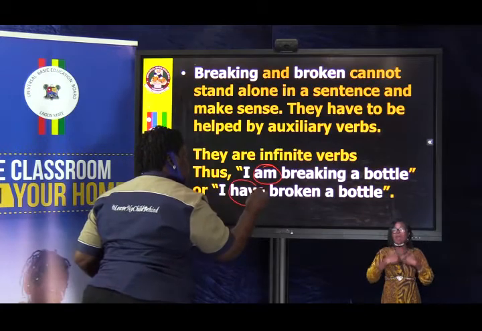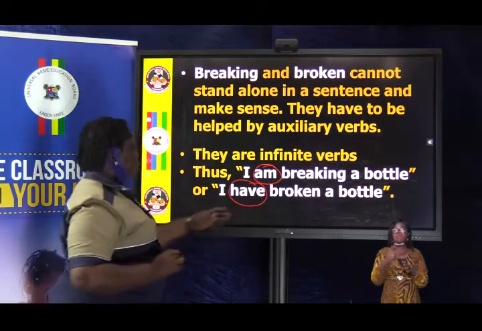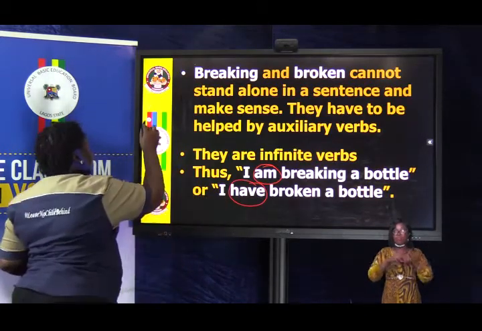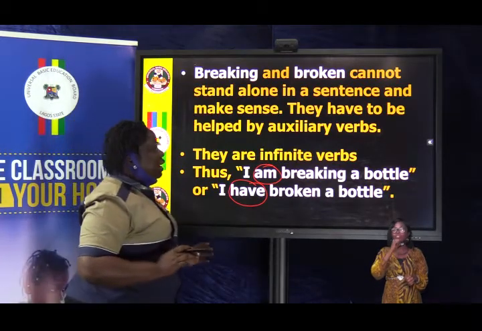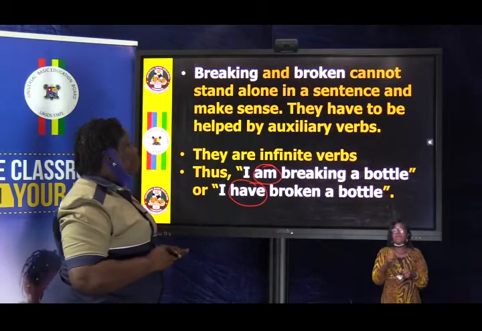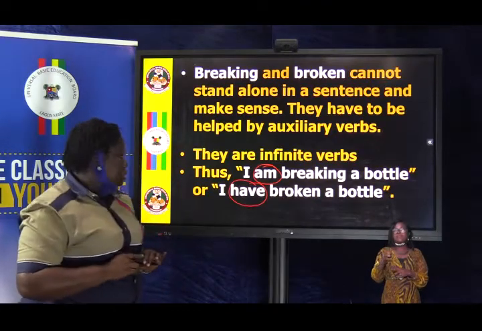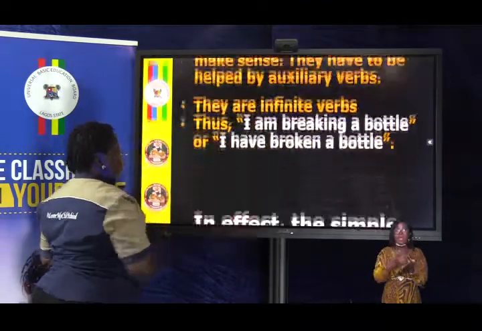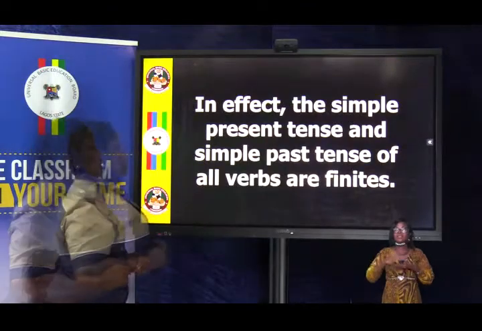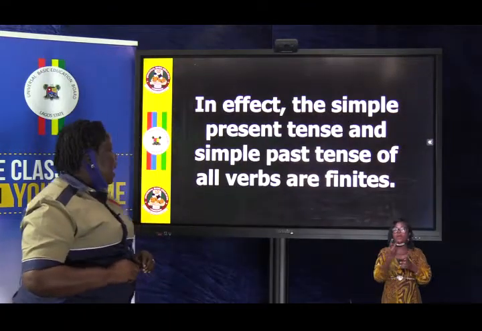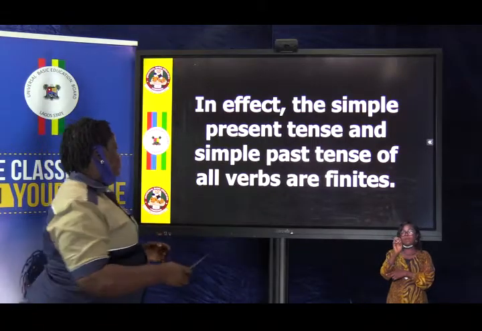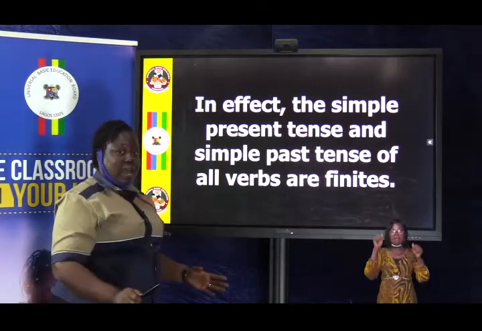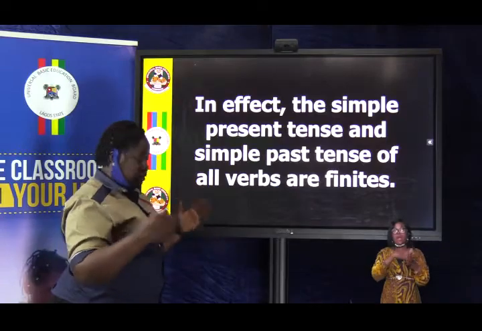We have another auxiliary verb here, helping broken. So, non-finite or infinite verbs must be helped by auxiliary verbs. In effect, the simple present tense and the simple past tense of all verbs are finite. That means they can stand on their own and make sense.